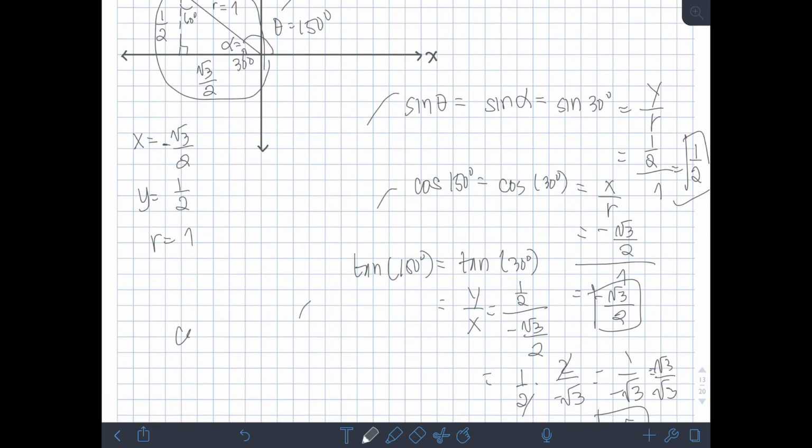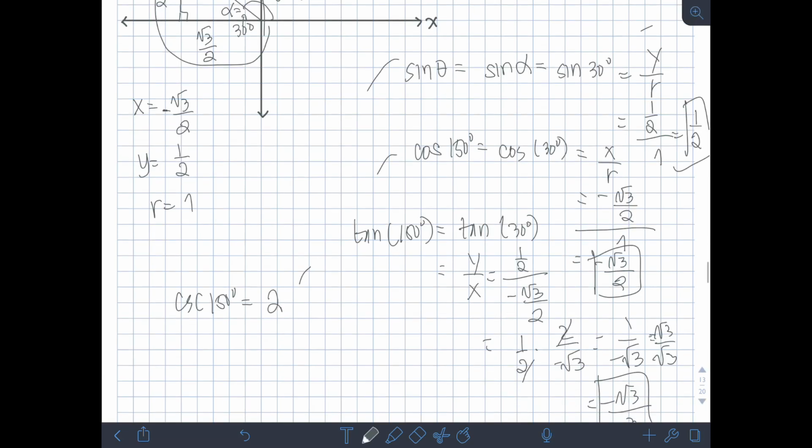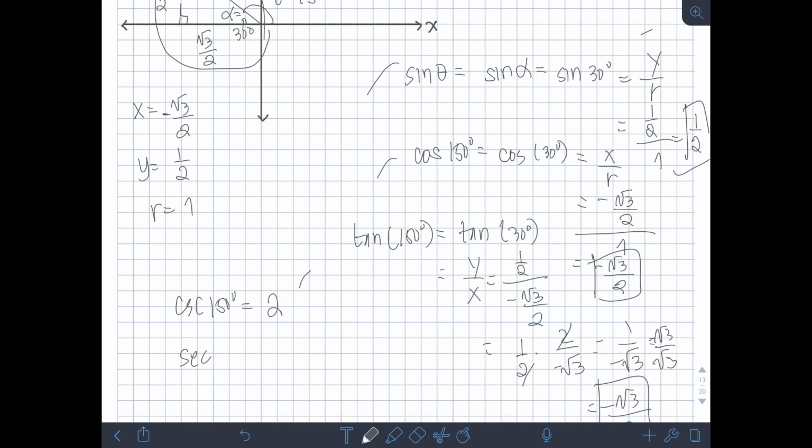So yung sa cosecant 150 degree, reciprocal netong sine 150 degree. Ano ba yun? 1/2. So reciprocal nun is 2. Tapos yung secant 150 degree, reciprocal netong cosine 150 degree, which is equal siya sa negative square root of 3 over 2, or magiging 2 over negative square root of 3. Rationalize, we have 2 square root of 3 over 3 negative.